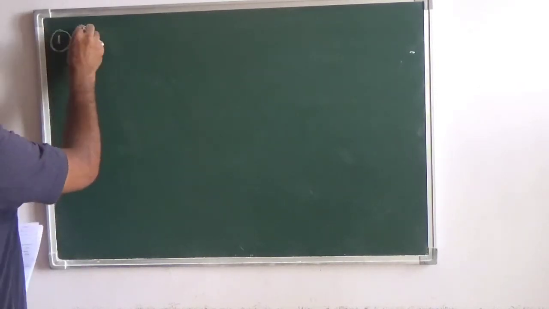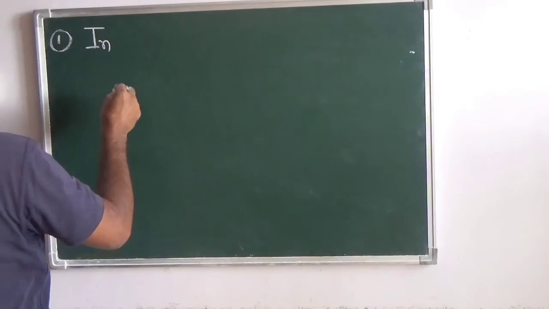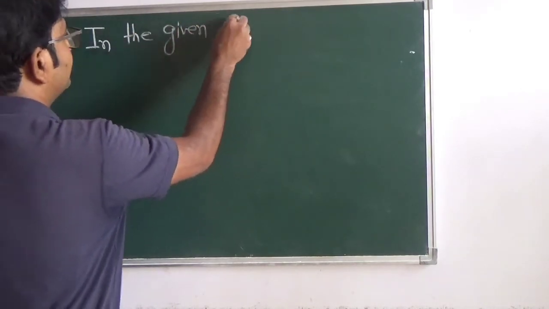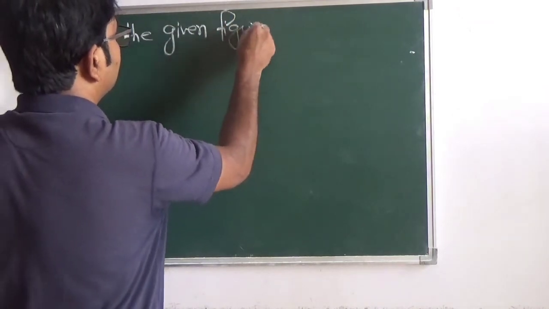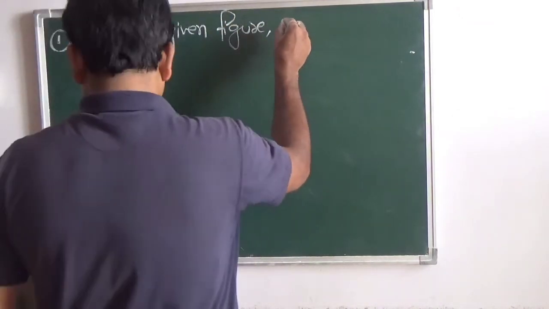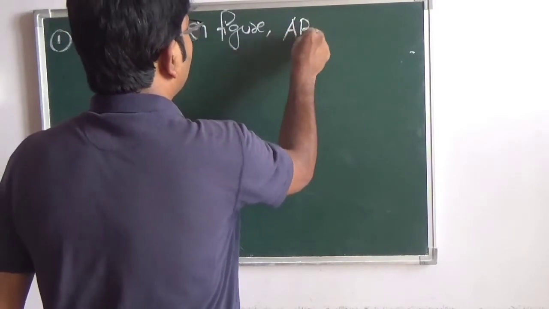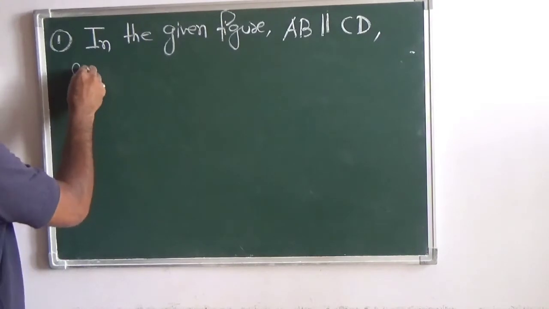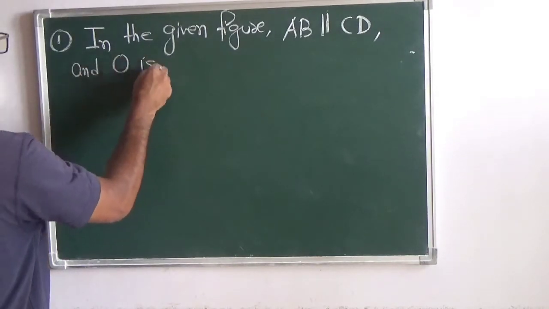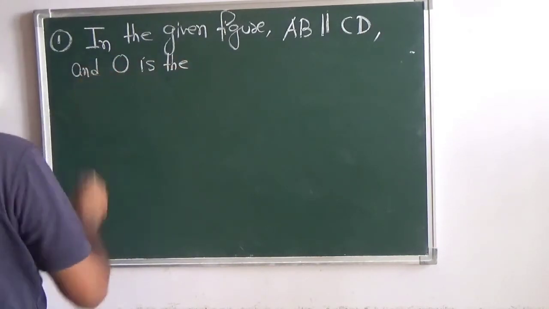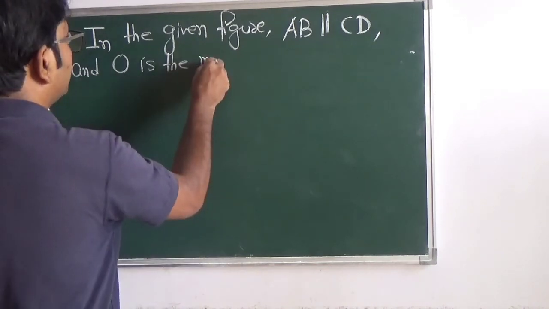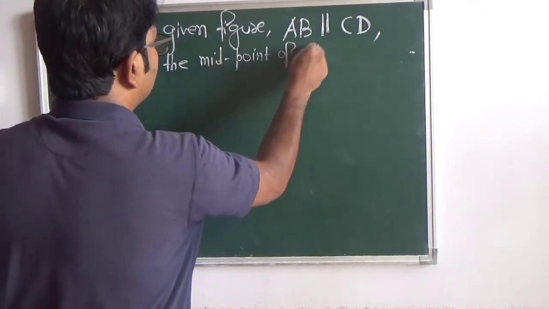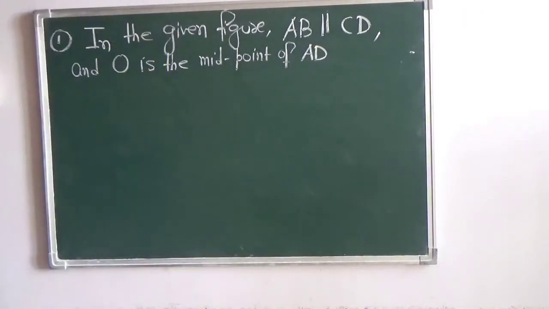Question number 1. In the given figure, AB is parallel to CD and O is the midpoint of AD.